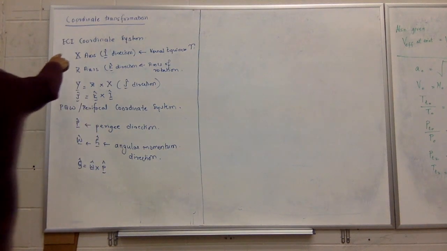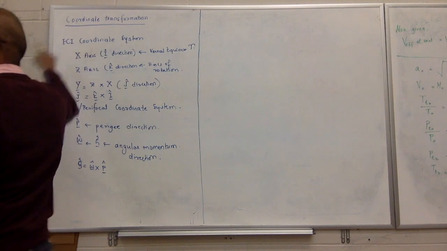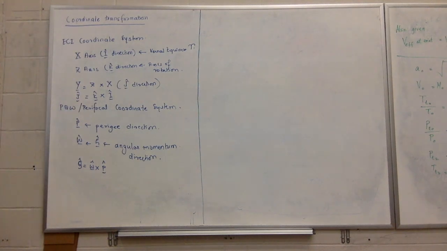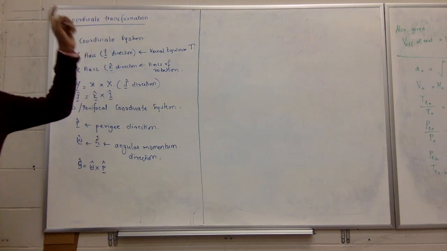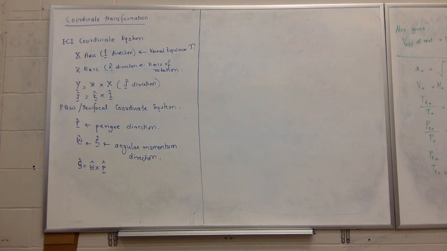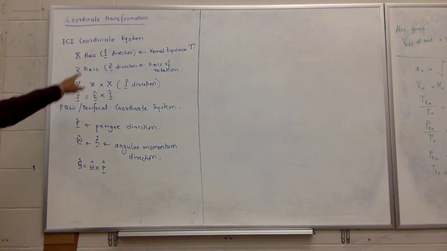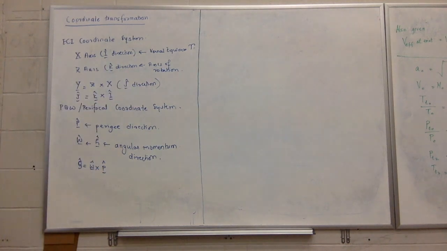What plane is the ECI coordinate system in? What is it also called? Geocentric equatorial frame. Now what plane is this on? The equatorial plane, the XY plane. Don't say x-axis.